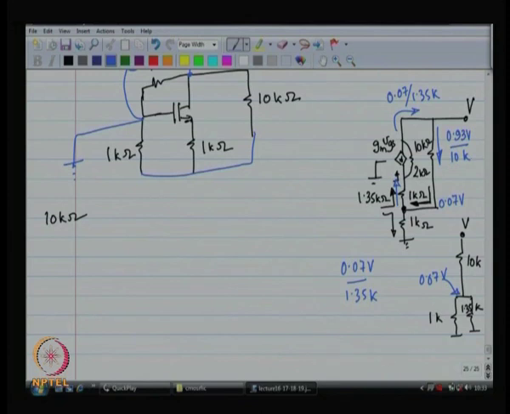Right. So, the net current coming in over here is something like this.